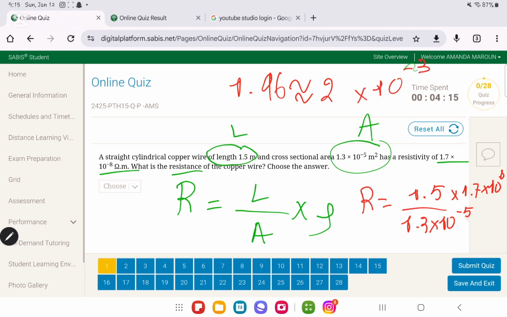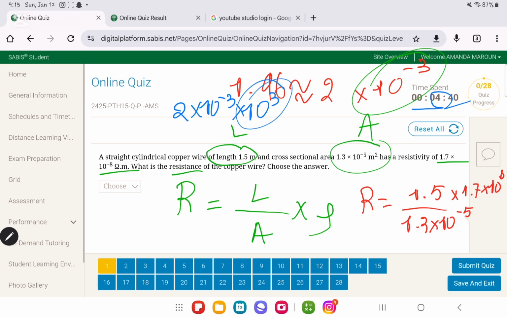To get rid of the power of negative 3, first of all, we know this is 2 times 10 to the power of negative 3. If you want to get rid of the negative 3, it becomes 2 times 10 to the power of negative 3 times 10 to the power of 3. If you are multiplying by 10 to the power of 3, that means we are changing it from ohms into milliohms. So remember this conversion factor.